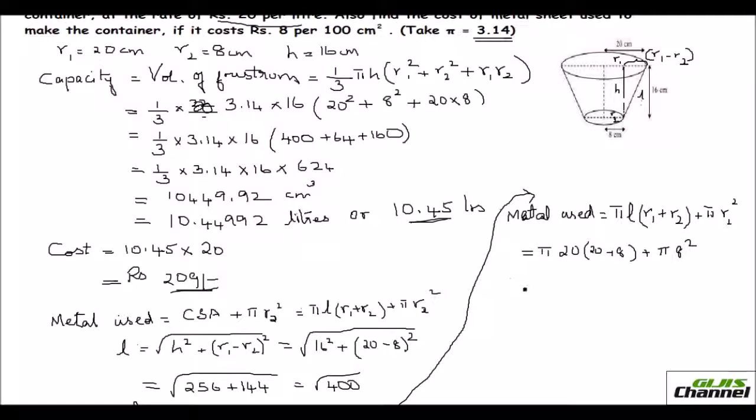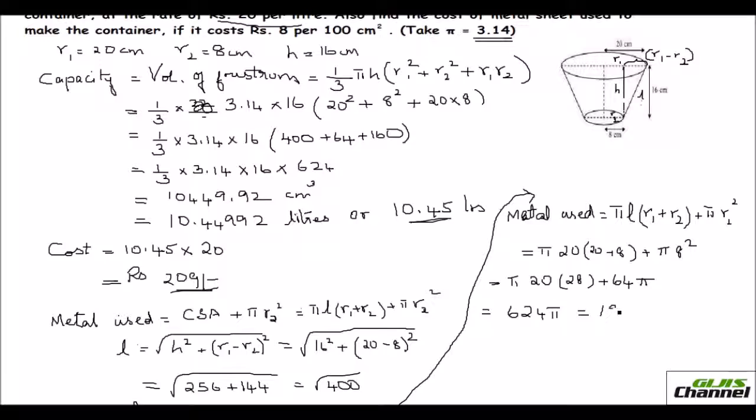That will give you pi times 20 times 28 plus 64 pi. So that's nothing but 560 plus 64, so that is 624 pi.